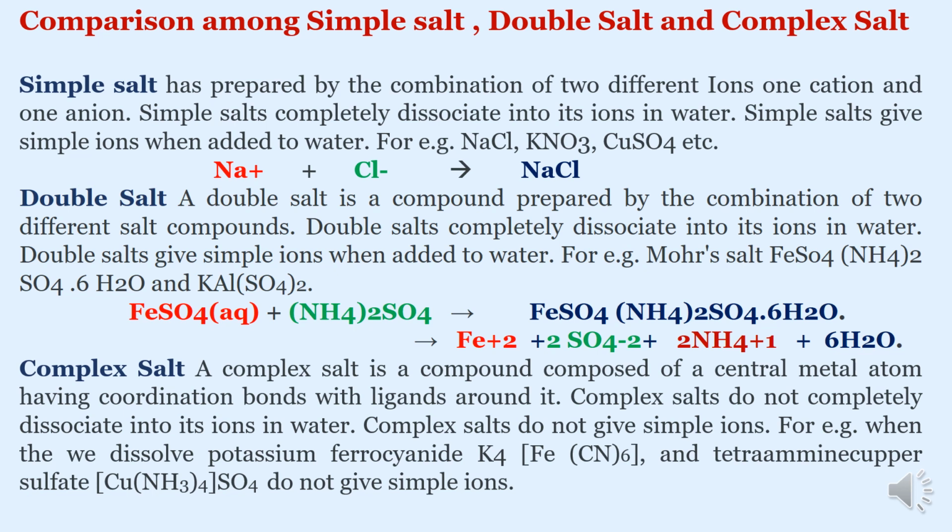Here we have an additional type of bond. In simple and double salts, the type of bond between the ions is an ionic bond. Here we have a coordination bond between the ligand and the central metal atom.